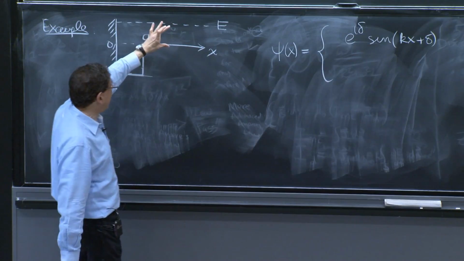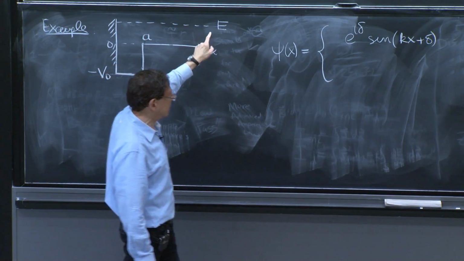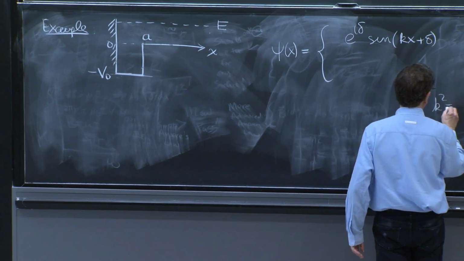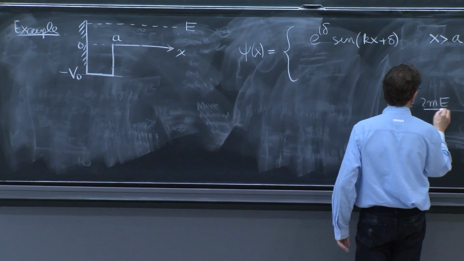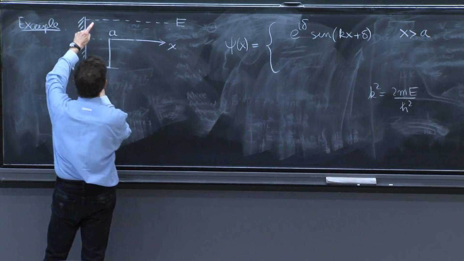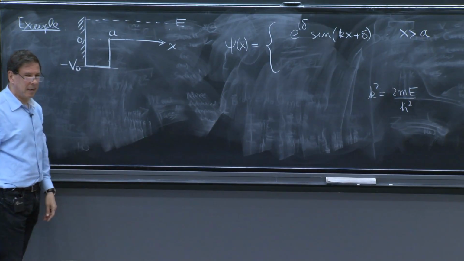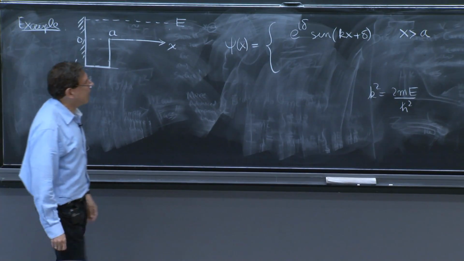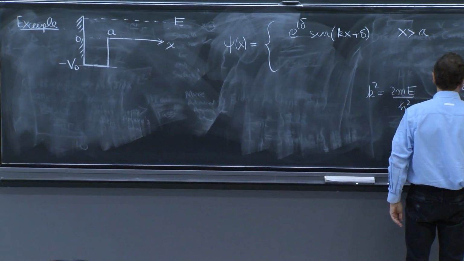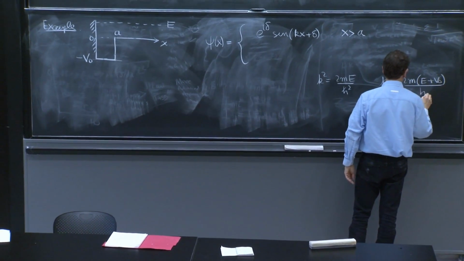And in fact, the k that represents the kinetic energy here, k is always related to E by the standard quantity, k squared equals 2mE over h-bar squared. On the other hand, there's a different k here because you have different kinetic energy. There must be a k prime here, which is 2m(E plus V naught), that's the total kinetic energy, over h-bar squared.